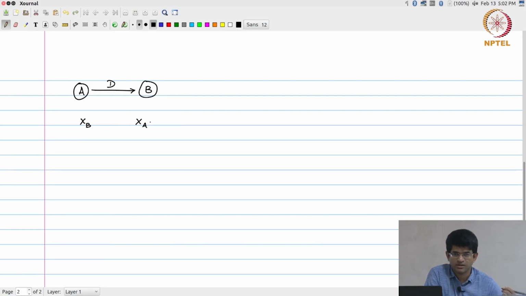It is no longer so clear, because xa plus dA is the time when the nth iteration of A is completing, but B is not waiting for the nth iteration of A, it is waiting for the n minus 1th iteration. Okay? So here I need to introduce a new value t, which I will call the iteration period.